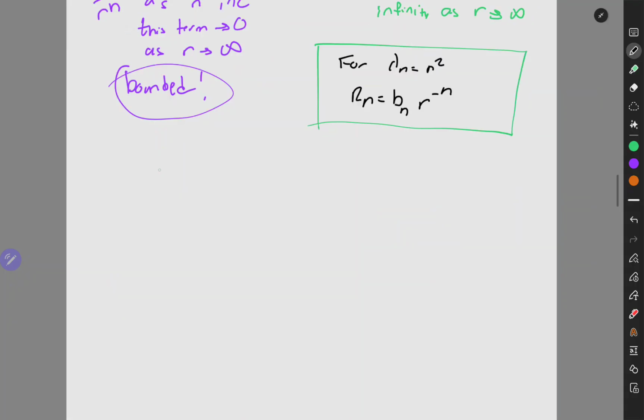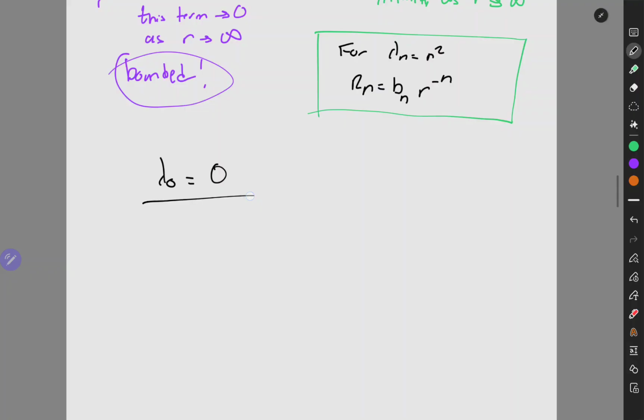Now, next case, lambda 0 is equal to 0. For this case, we're going to have r squared R double prime plus r R prime. Lambda is 0, so this is equal to 0. So we have to solve this problem here.